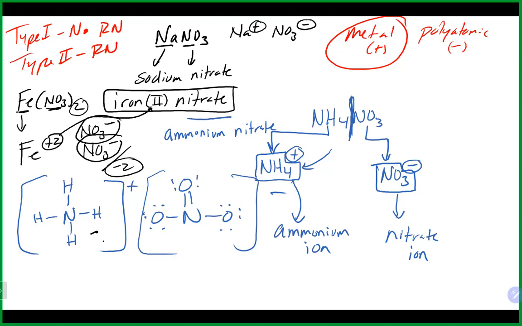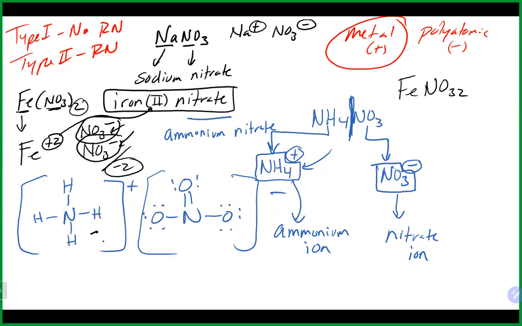Also, again, it has no effect on the name, but as you can see in the formula there, I did use parentheses around that polyatomic ion. That's really important to do whenever you have more than one polyatomic ion. You do need to put parentheses around it and the number on the bottom right to indicate how many you have. If I did not do that and I wrote it like this, FeNO32, that means I have how many oxygens? 32, which is clearly not the case here, as I only have 6 in our nitrates.